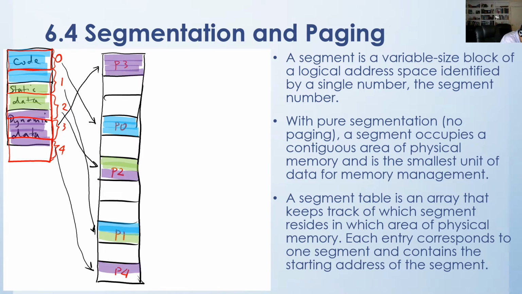When I execute the program, let's say I start executing from logical address 0. At a certain point, I need to access the static data. So I execute some of the code over here, and suddenly I'm going to call the static data, so I jump to here.